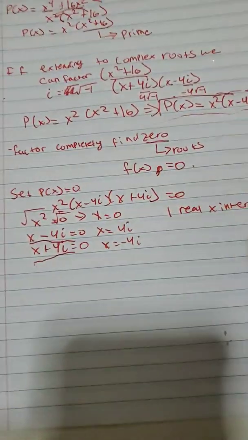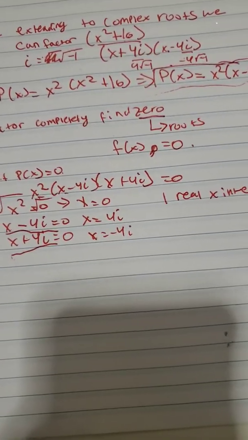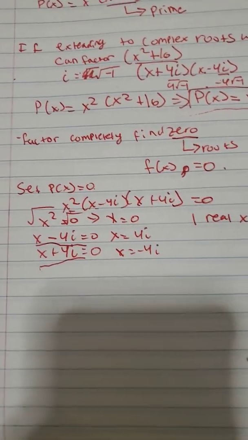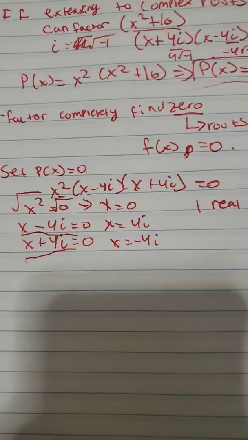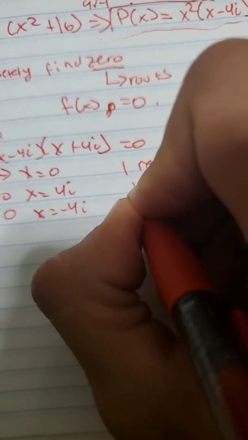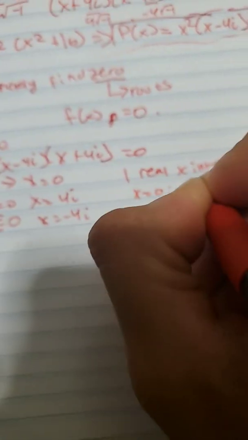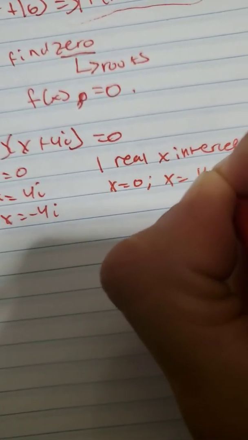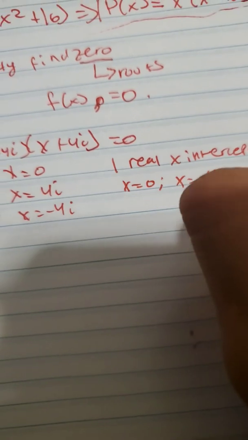For now, it's just an imaginary root that really doesn't affect the function if we talk about the real number line. So our roots are x is equal to 0, x is equal to 4i, x is equal to negative 4i.